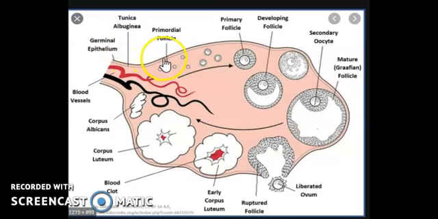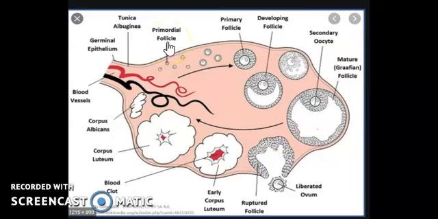Each primordial ovarian follicle has at its center a large primary oocyte surrounded by a single layer of flat follicular cells. The primary oocyte starts its meiotic division but gets arrested at meiosis I.